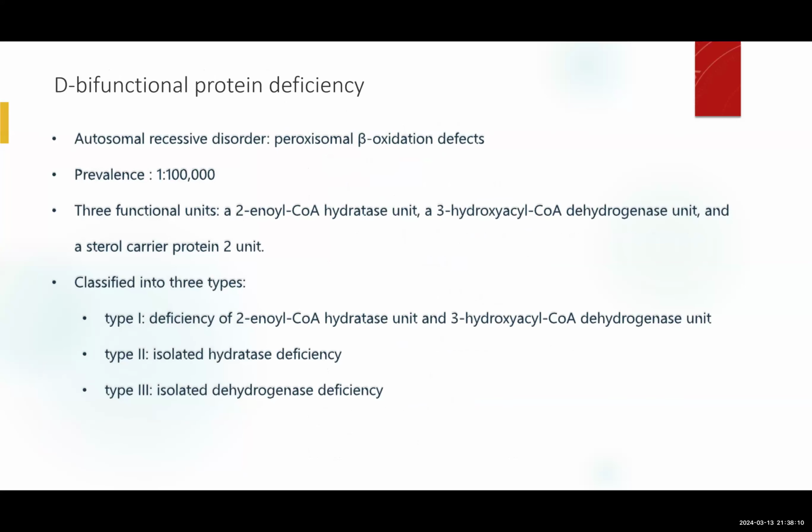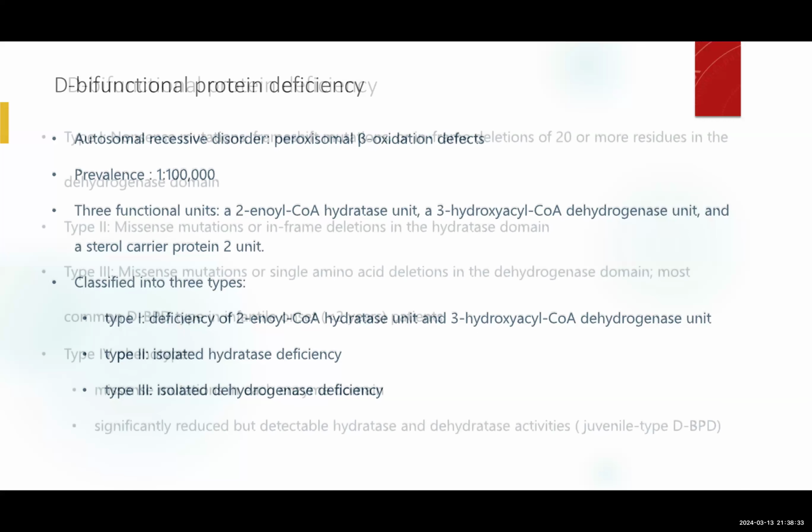D-bifunctional protein deficiency, which was seen in our case, is an autosomal recessive disorder of peroxisomal beta oxidation defect with a prevalence of 1 in 1 lakh. These are classified into 3 types based on the deficiency of hydratase and dehydrogenase enzymes. Type 2 is when there is only an isolated hydratase enzyme deficiency, and type 3 is when isolated dehydrogenase enzyme deficiency is present.